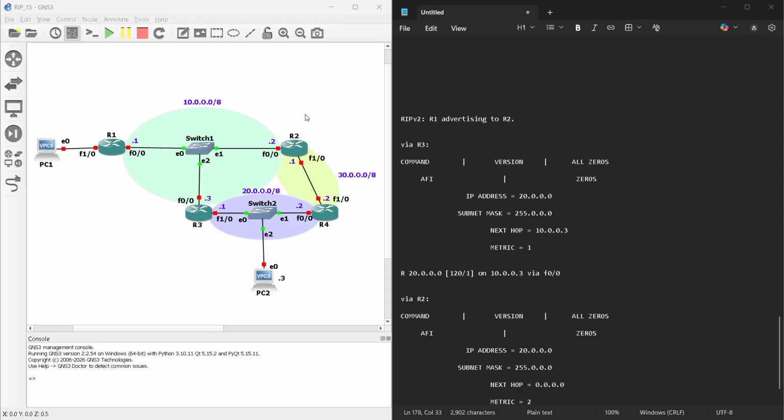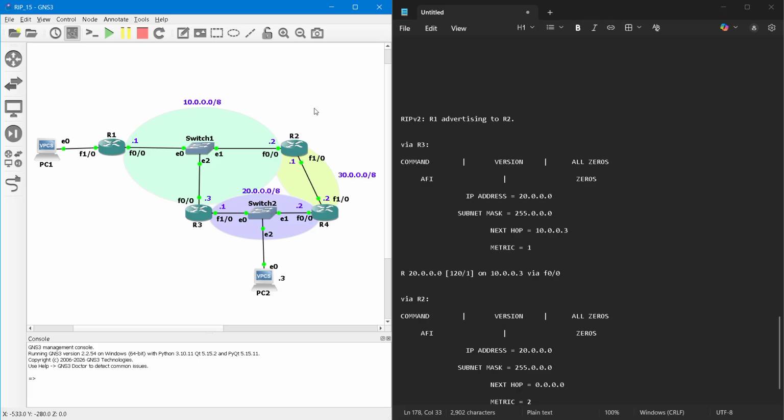Now here in this topology, when we configure it with RIP version 2, this is what we'll have, right? There are two paths, as you can see. The very first is if R1 wants to learn about the 20 network, about this network. The best path is this, as the hop count is just one.